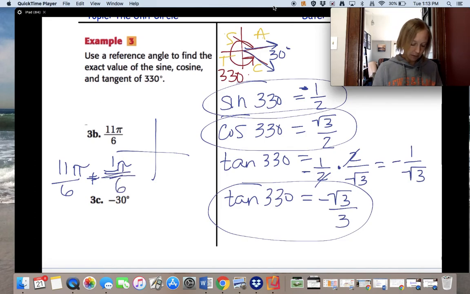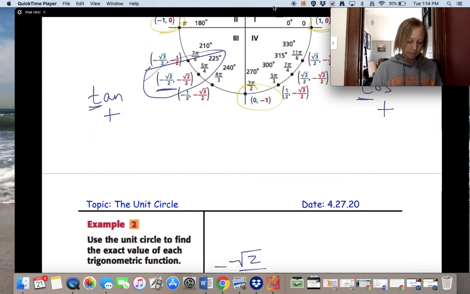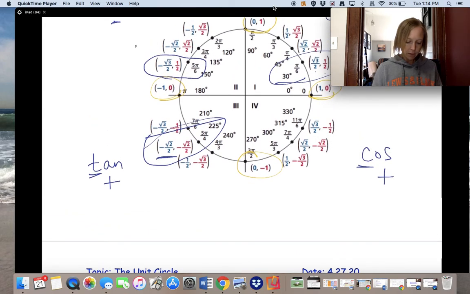So this angle, 11 pi over 6, is right over here. And what's left right here is pi over 6. So that's the one we need to grab from our unit circle, pi over 6. Hey, that's 30 degrees. That's the one we just did.